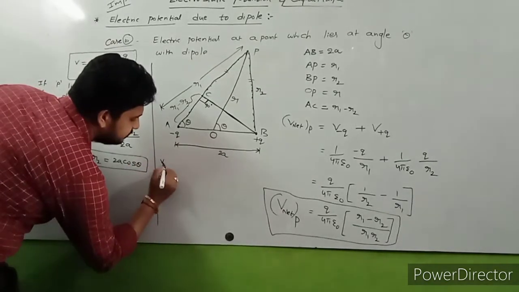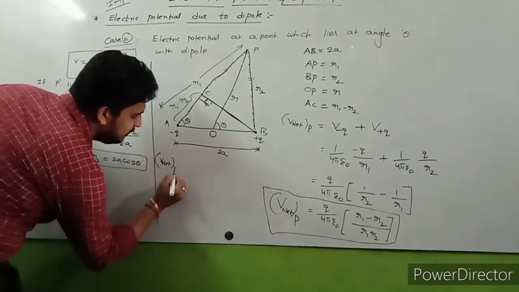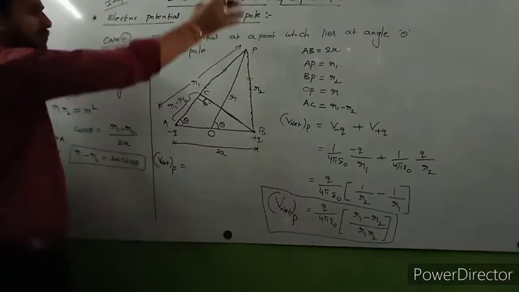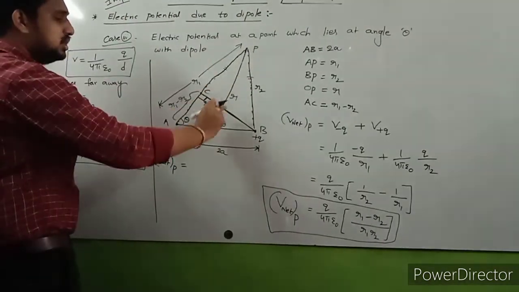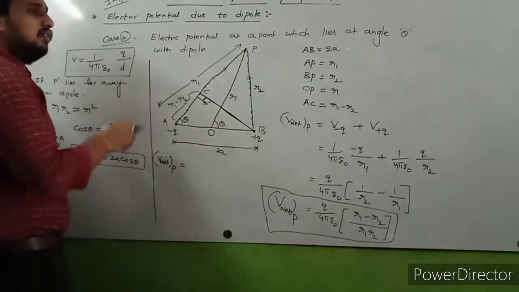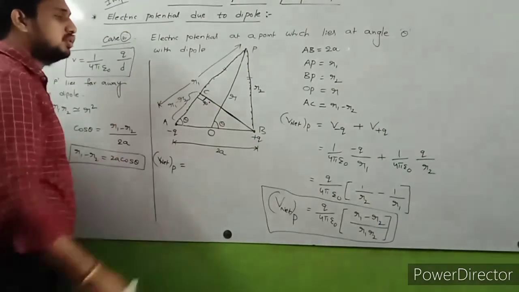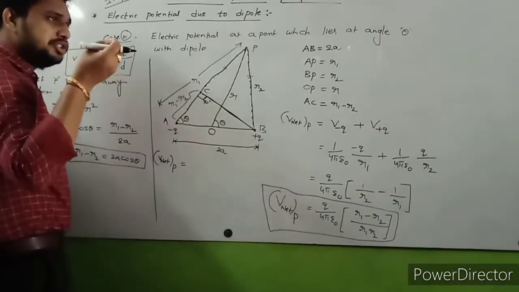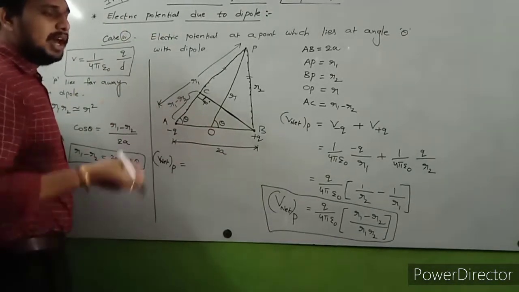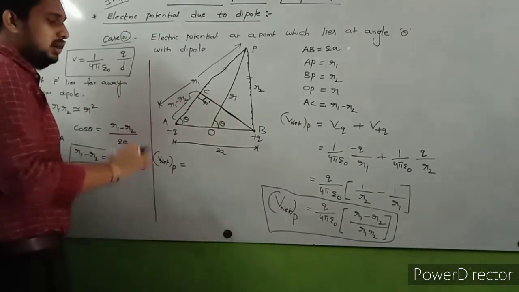At a net point P, if point P lies anywhere, at any position, at any angle to this dipole, this is the general case. If you know this formula, it is easy to solve: potential due to the axial line, potential due to the equatorial line, all values are easily obtained by this formula. Observe carefully.